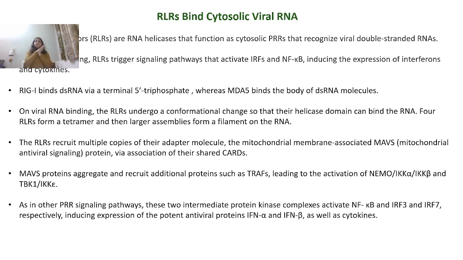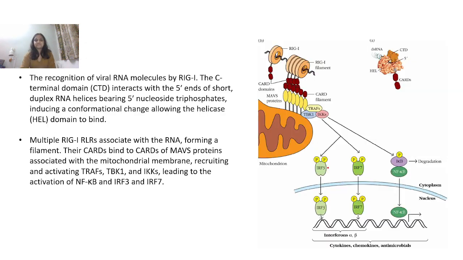Similarly, there we saw signaling activated via MyD88; here it is via MAVS that activates the downstream signaling. As in other PRR signaling pathways, these protein kinases activate the transcription factors NF-kappa B, IRF3, and IRF7, thus inducing the expression of potent antiviral proteins IFN alpha, IFN beta, as well as other cytokines.